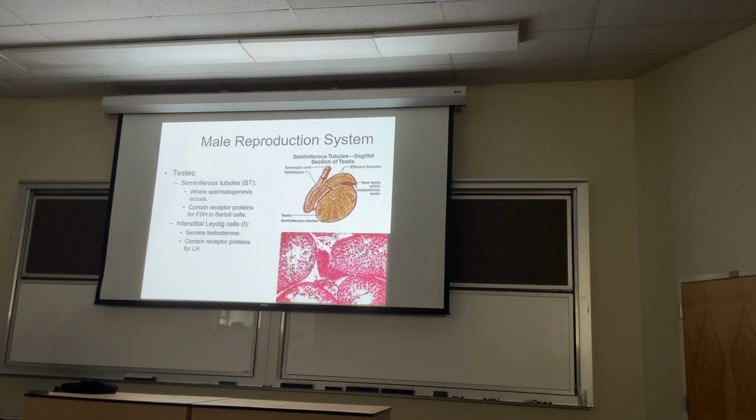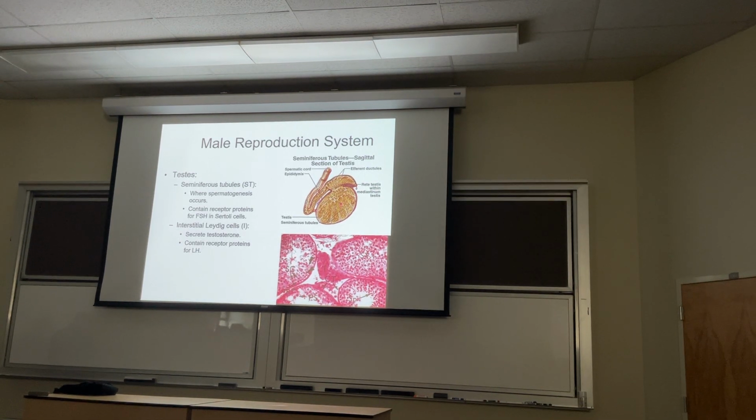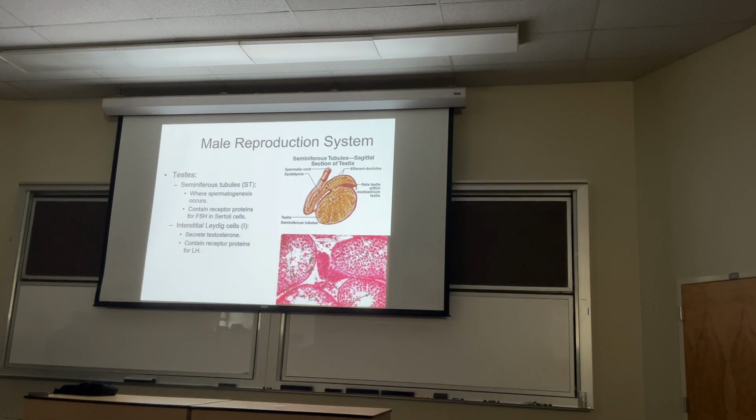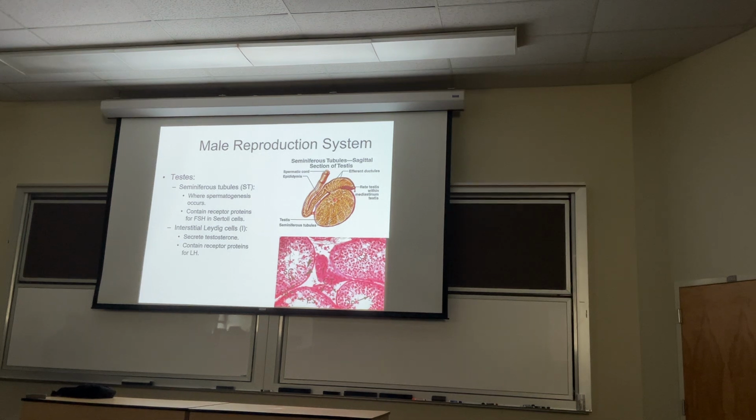When the seminiferous tubules produce the sperm, next it goes to this area right here within the testes. That's the rete testes. This area, the rete testes, is in an area called the mediastinum. So you have the mediastinum here, but the tubular structure in here is the rete testes.